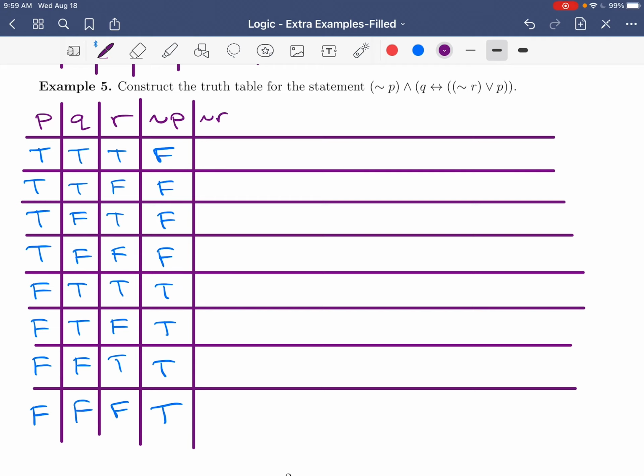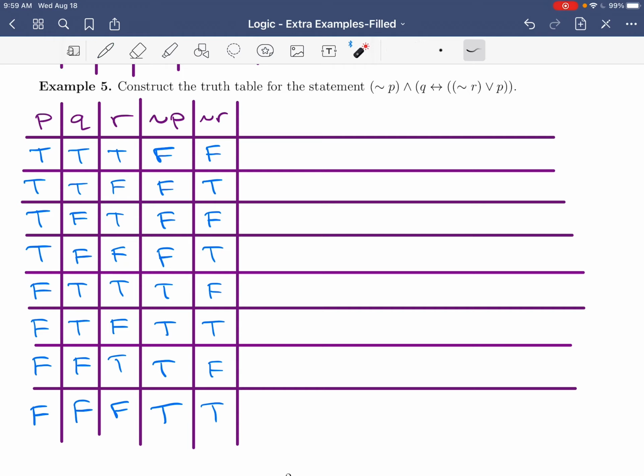I also need not R. So that's going to alternate starting with false. Okay, so if I'm looking here, I have this, now I have this, so I want this bracket. Okay, so that's not R or P. So I'm looking at the not R column and the P column.